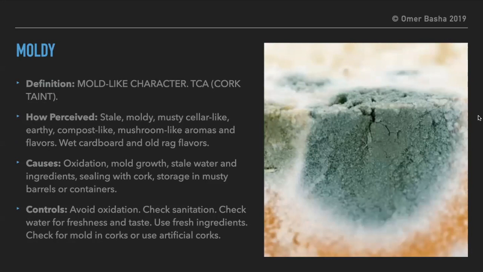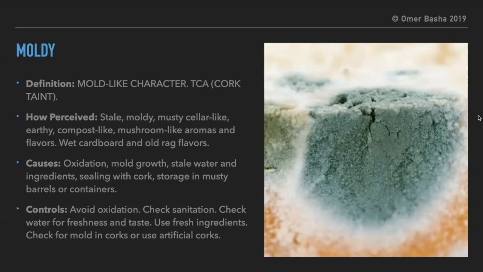The next flavor is moldy. The definition is a mold-like character, or it can be TCA or cork taint, but not so much these days. It's perceived as stale, moldy, musty, cellar-like, earthy. It can be like compost, even have a mushroom aroma and flavors, wet cardboard, and old rag flavors.